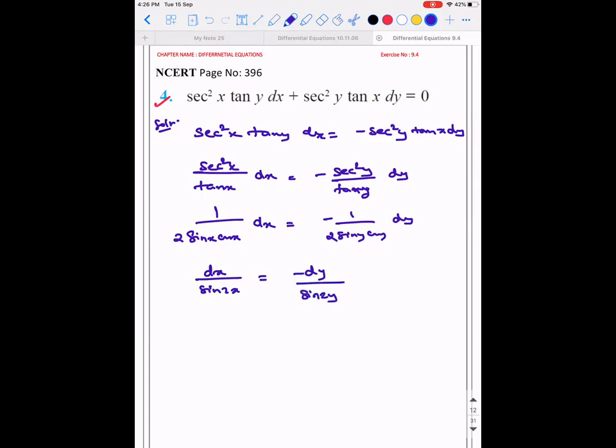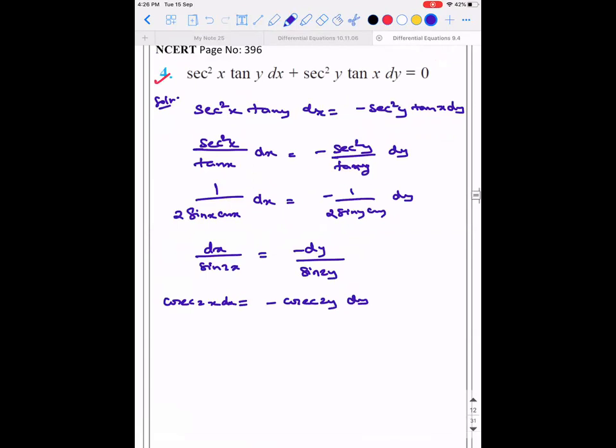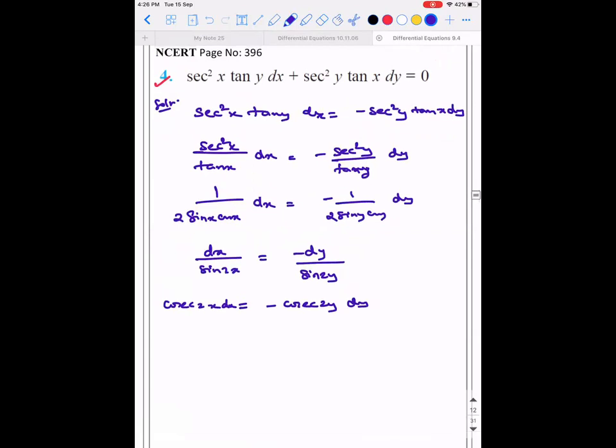So 1 by sine 2x can be taken as cosecant 2x. Is there any doubt till this? I'll solve it using another method also. Now you have got this.